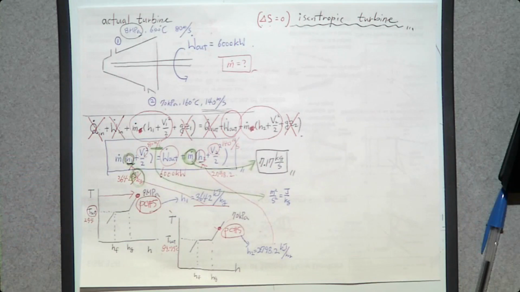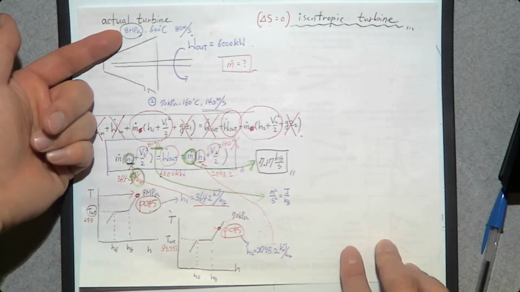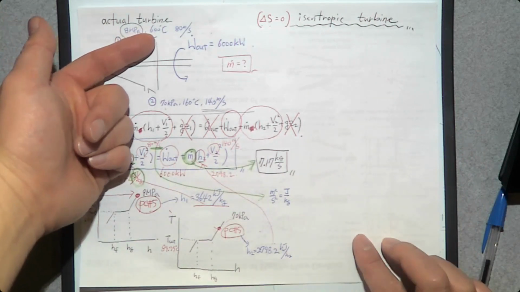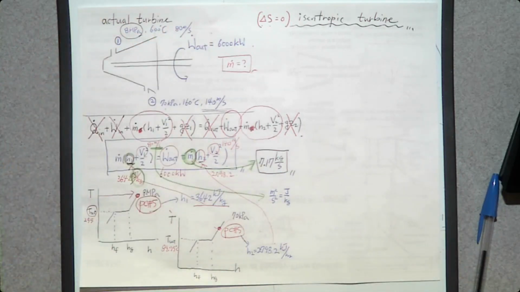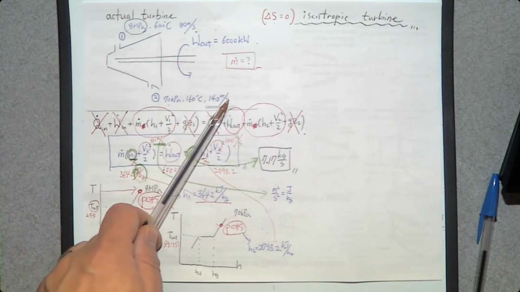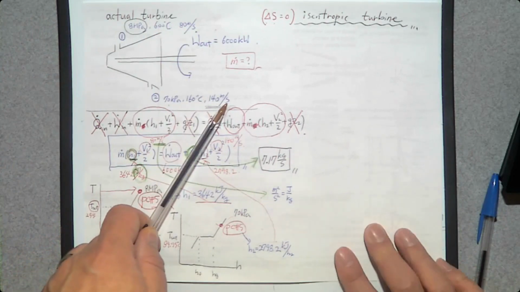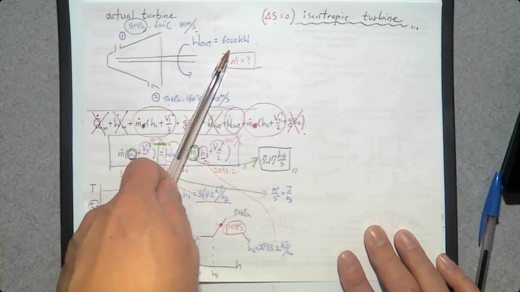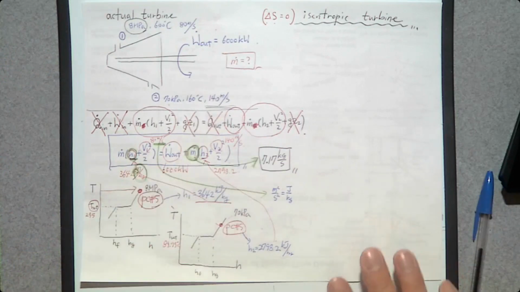To be able to determine isentropic efficiency, you need to know how to convert this turbine into an isentropic turbine. The reason is, if you stick to 8 megapascal, 600 degrees Celsius, 80 meter per second, and 70 kilopascal, 160 degrees Celsius, 140 meter per second, the power output is always going to be 6,000 kilowatt.